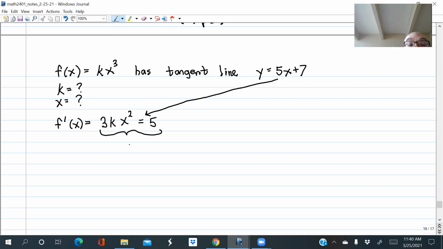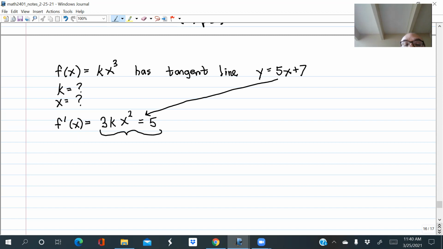Notice now, when you take that derivative and set it to 5, you get an equation. We like equations in algebra, because we can solve equations and find answers that way. So here's an equation that hopefully at some point we'll be able to solve, so we can figure out the value for k, because that's the question we were asked.